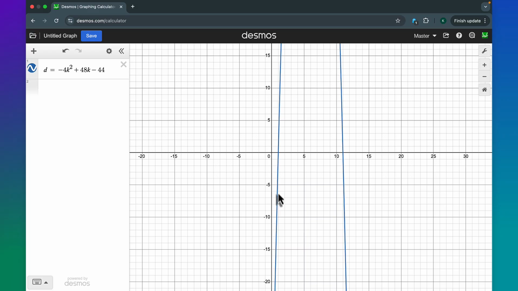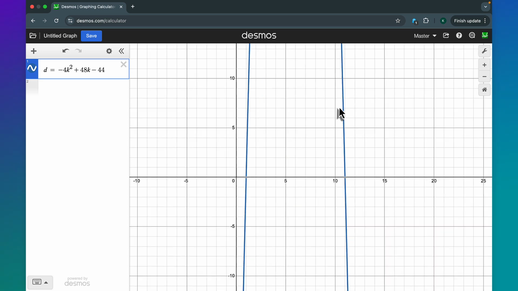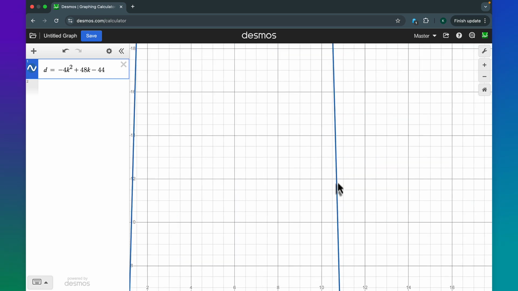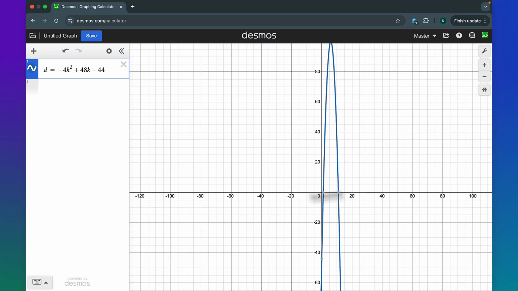So all of these different values of k would give you negative determinants. This specific one will just give you a determinant of 0, and all of these values where the graph is above the x-axis would give you positive determinants, right? So essentially the question in this case is asking which are the values that would give you a positive determinant.